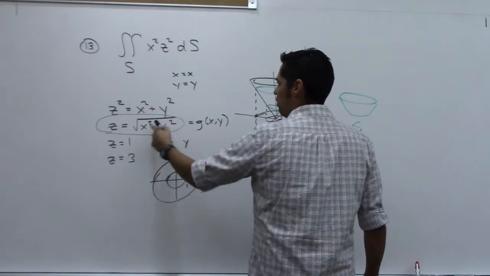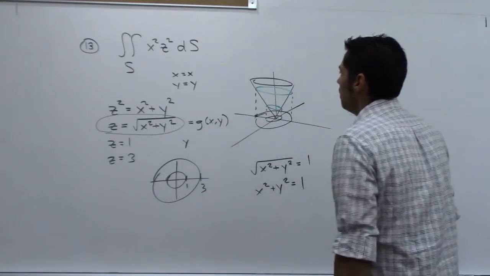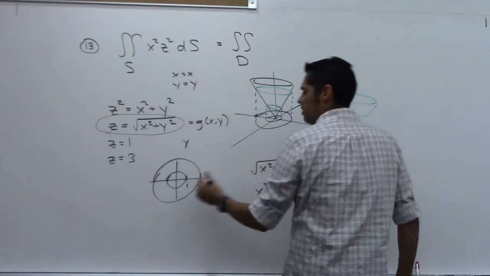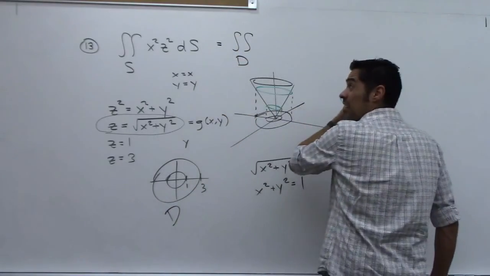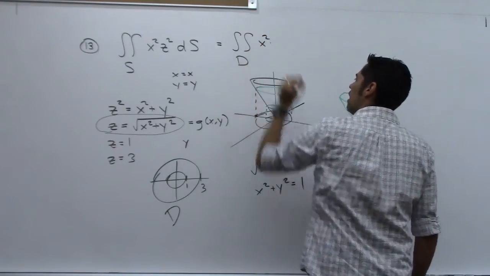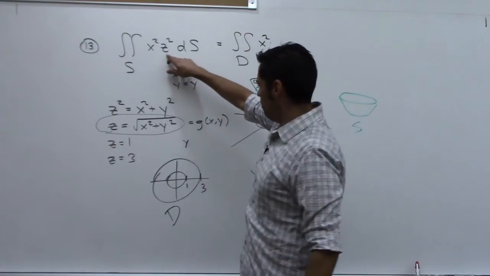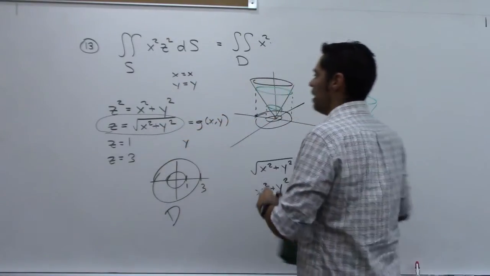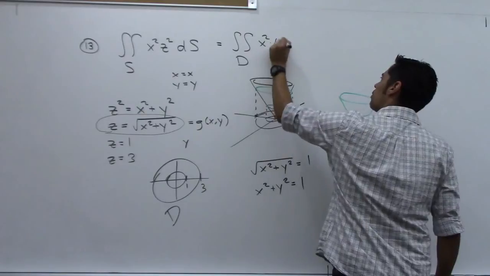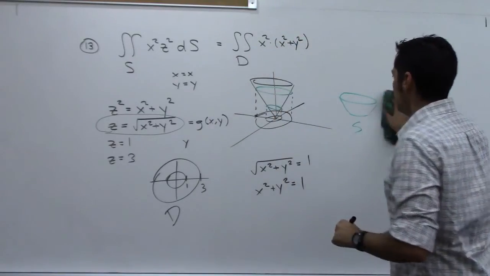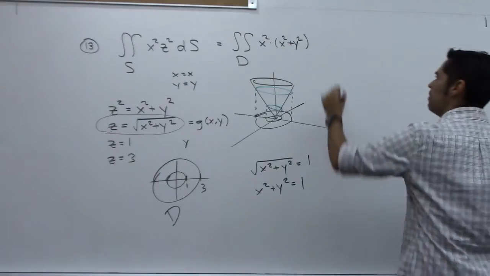So this becomes a double integral over some region D, which is this, of x squared times z squared. So z is actually this, and if I square it, I get x squared plus y squared. That's really nice.